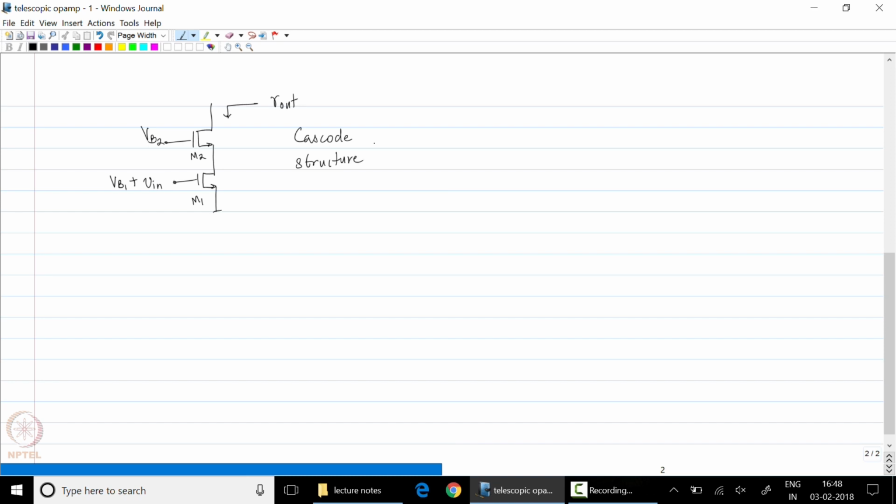This will be a quick review for us because we are going to use this to increase the output resistance of our op-amp. We want to find out the output resistance of our particular structure.